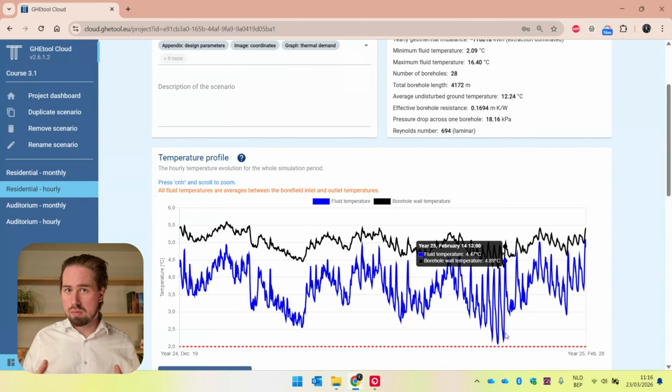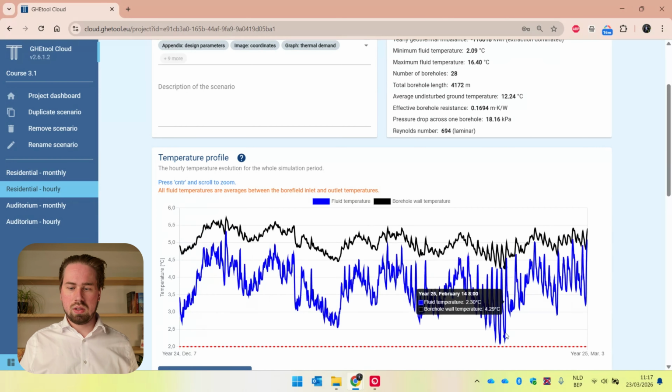So perhaps our 8 hours for the peak duration of heating is an underestimation of reality. But we only know that a posteriori. Now we know that because we have the hourly data, we simulated it, so we know we have quite a high heating demand, especially during a couple of days, but we do not know that with our monthly loads.